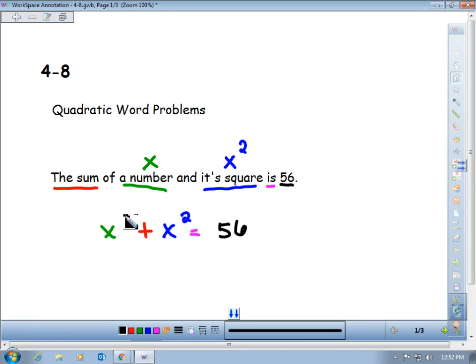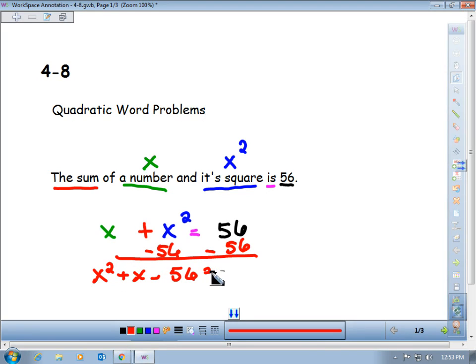It's got a squared term and a linear term, so I'm going to have to solve this by factoring. So I'm going to get it set equal to 0 first. And while I'm doing this, guys, I'm going to put this in a different order. I'm going to put the x squared first, then the x, then the minus 56 equals 0.